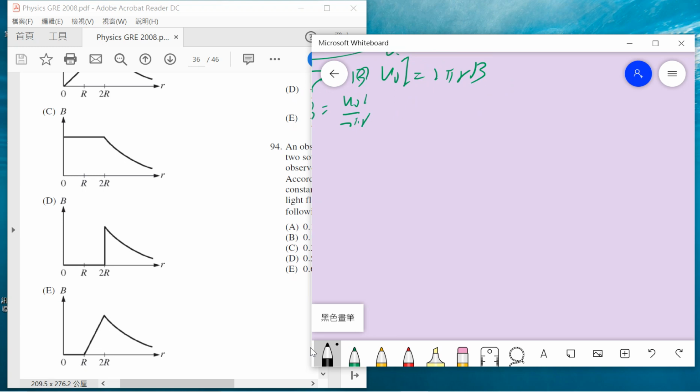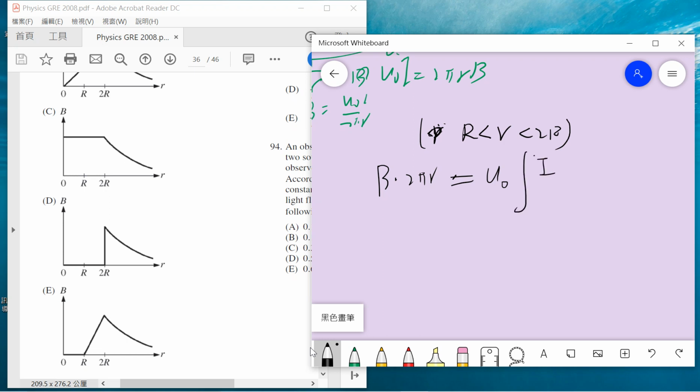Somehow we just need to guess the answer, right? So 2 pi r, this only works for r in the middle region, so 2 pi r B equals mu naught times I.